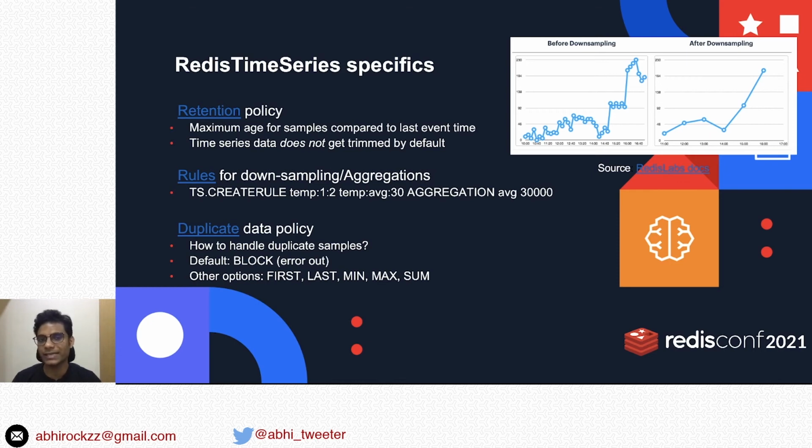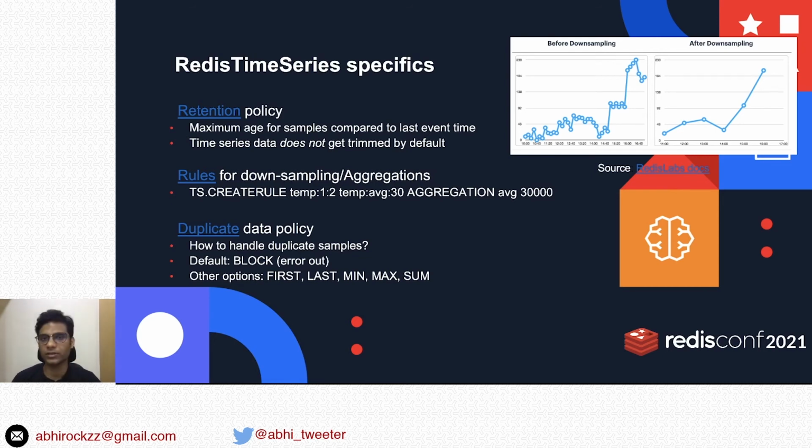The second one is the destination time series. And what I'm trying to do here is aggregating it as per average over a time period of 30,000, which is nothing but 30 seconds here, right? So if I execute this rule, all the time series data from the source key will be aggregated into the destination key. And only the data points aggregated as an average over the span of 30 seconds will be pushed to the destination time series key, right?